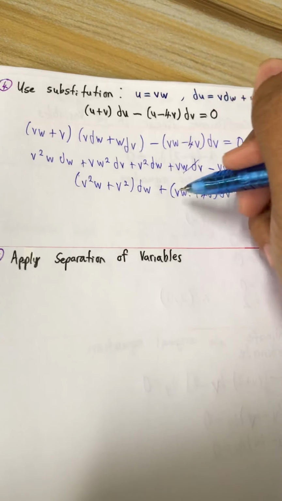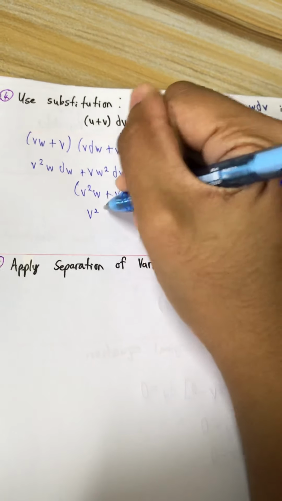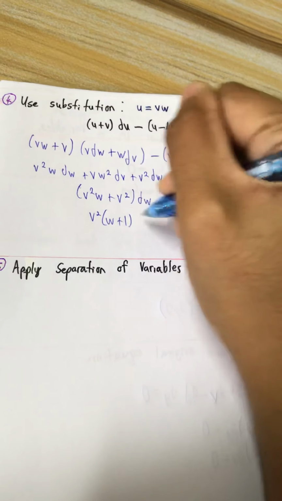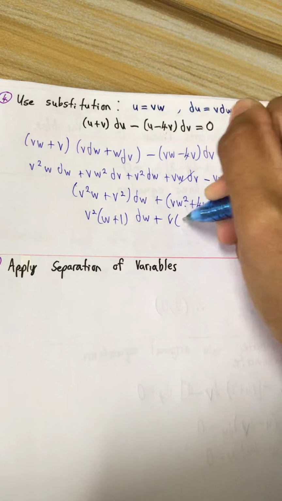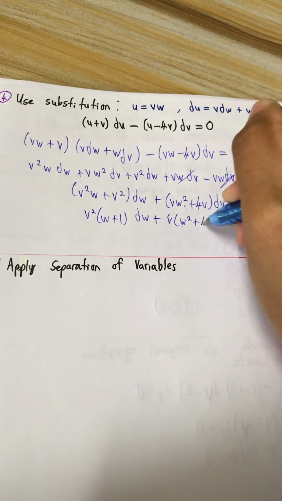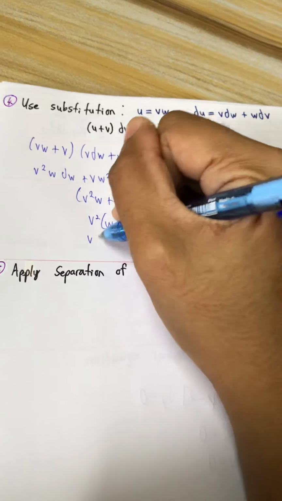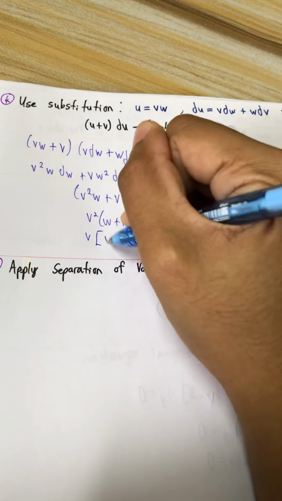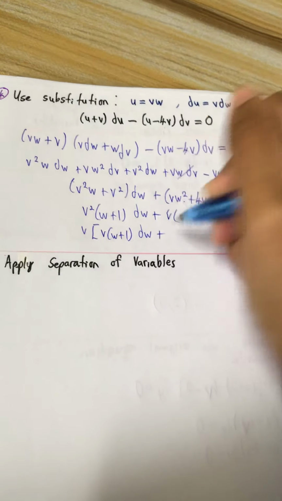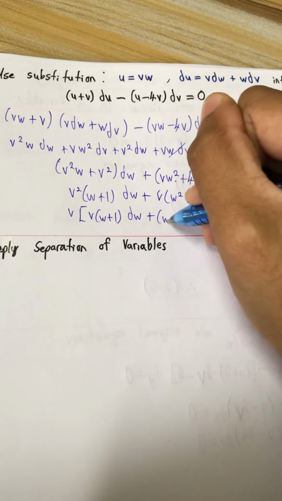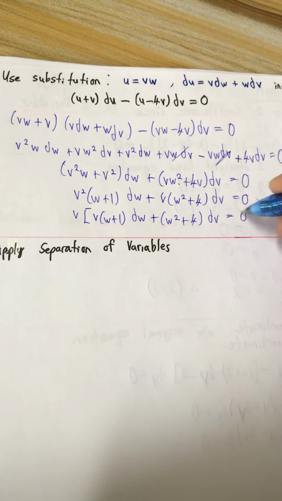Then we can extract out v. Here, v square (w plus 1) dw plus v (w square plus 4) dv equal to 0, and then we can extract out the v: v(w plus 1) dw plus (w square plus 4) dv equal to 0.